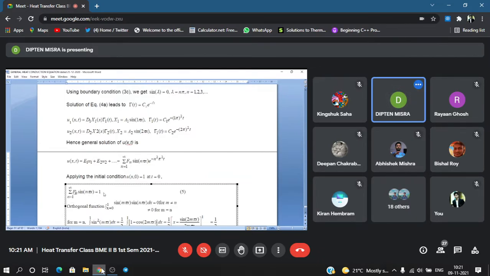This is what is finally obtained by using the initial condition, where the right hand side, the temperature, is equal to 1. So u is equal to 1 at t equal to 0, and the summation of all these things becomes equal to 1. But there is a series of values of fn's which are to be found out.